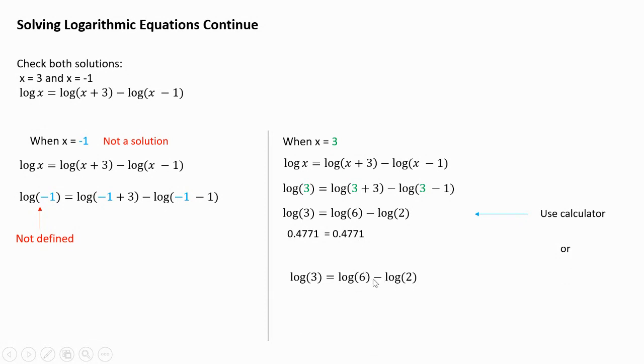This is the quotient rule expanded. So I'm going to condense it or put it as a single log, using the quotient property. As a single log, the log of the first value is your numerator, and the log of the second value becomes your denominator. So 6 divided by 2 will give us 3. And if you notice, they're both equal to each other.